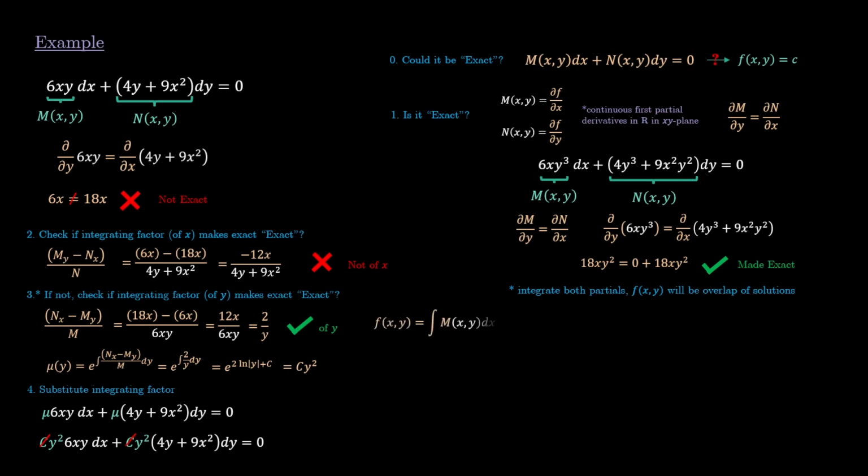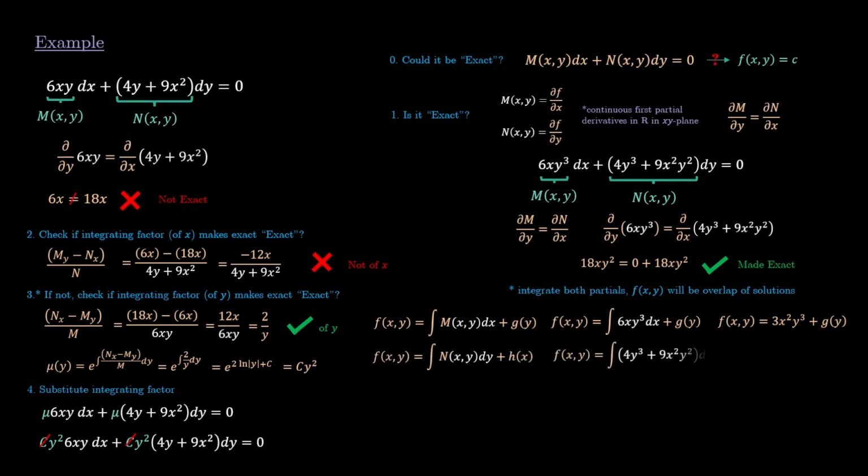We integrate for M, we get the following. f(x,y) equals 3x squared y cubed plus our constant of integration, which is g(y). And then integrating for N, we do the following. Plugging in for N, we get f(x,y) equals y to the 4 plus 3x squared y cubed plus our constant of integration of the other independent variable, h(x).